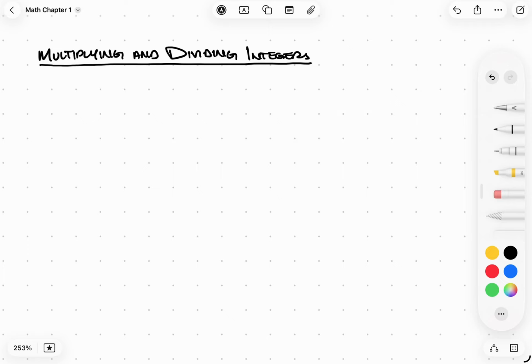All right, this next section covers what you do when you multiply and divide integers. A reminder that integers are numbers that have a positive or a negative sign.